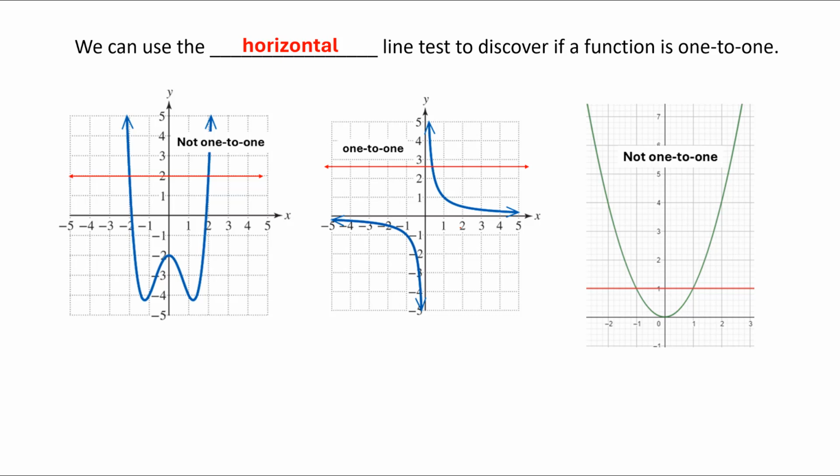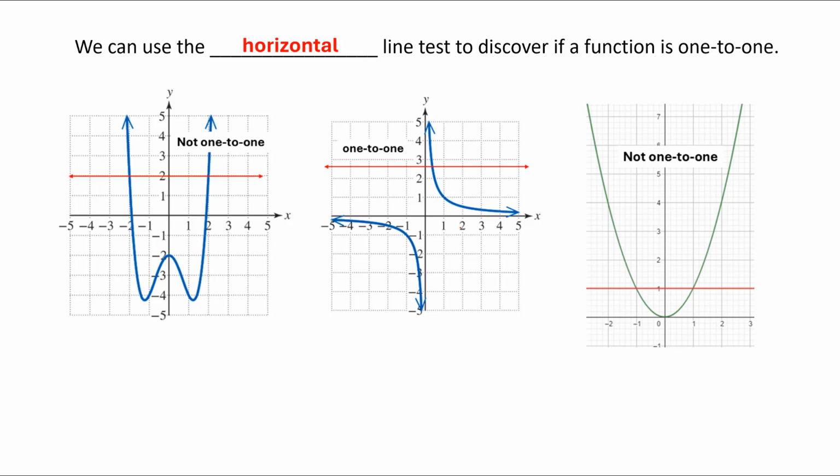We know that if you use the vertical line test on that, it's only going to hit it once. If you use the horizontal line test, however, it hits it twice. So this would not be a one-to-one function because there is a y value, 2, that has two different x's. And for a one-to-one function, every y has to have exactly one x. Every x has to have exactly one y. So no, that's not one-to-one.